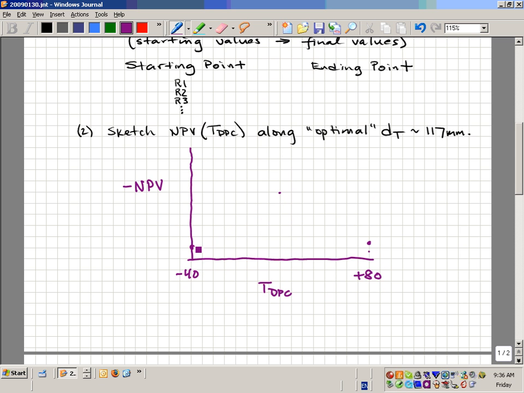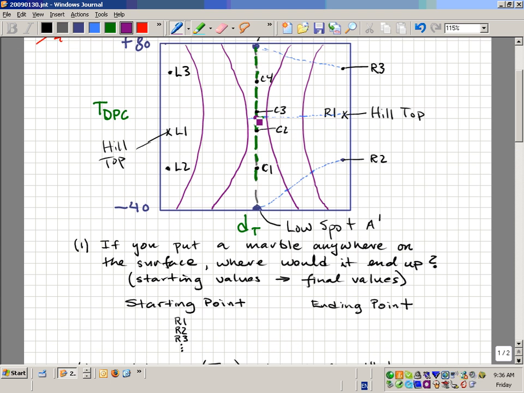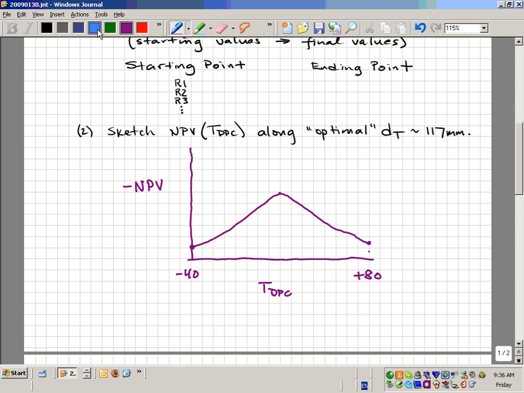Now, it might look like this. It might look like that, this point being this point here. But it could also be looking like this.